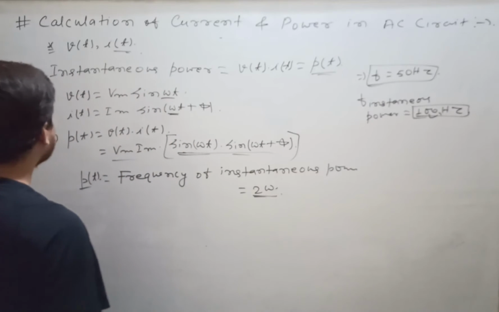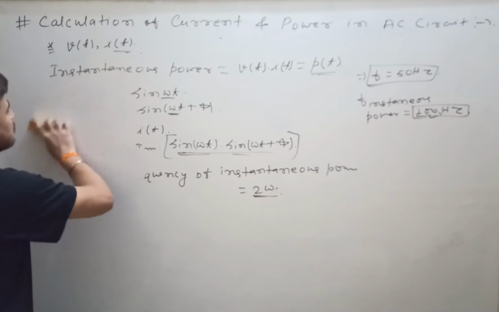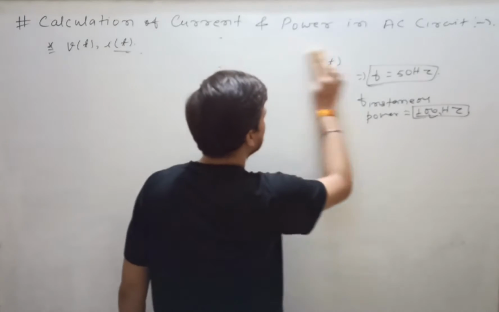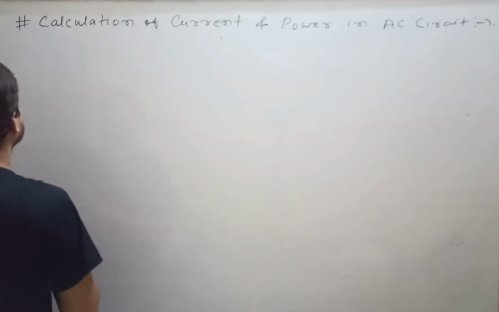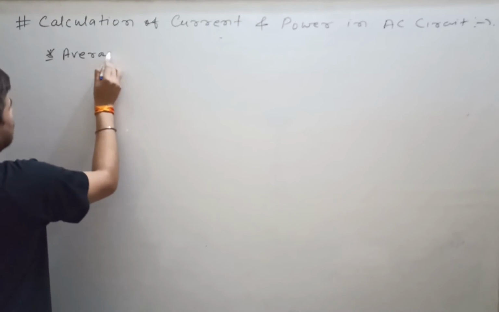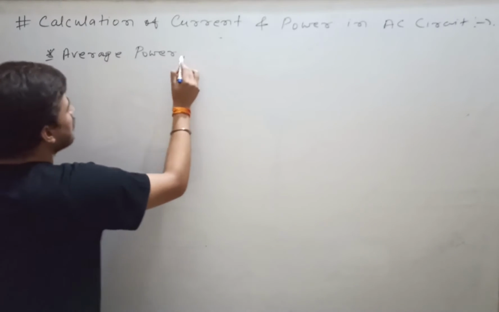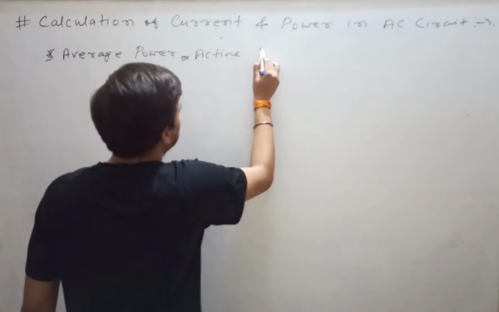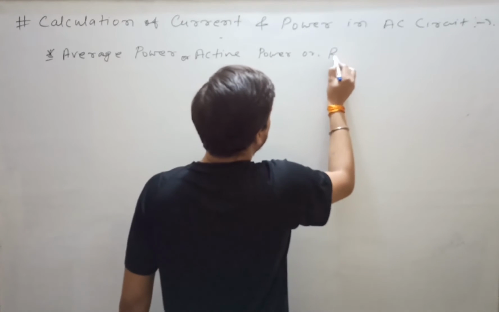Clear? So next let us see what is average power. Average power is also called active power, or real power.